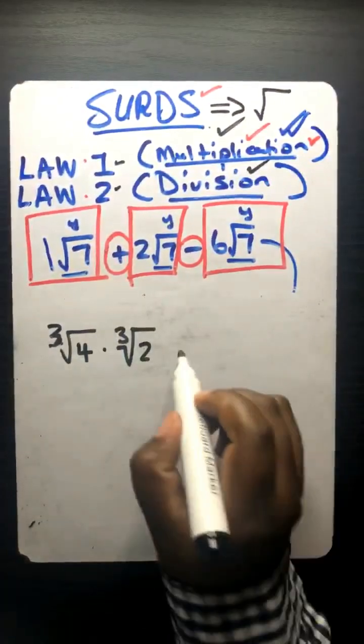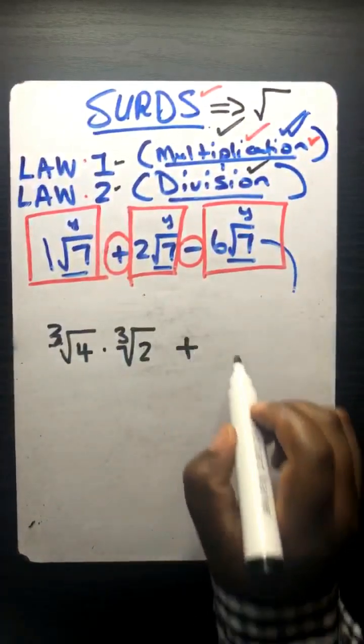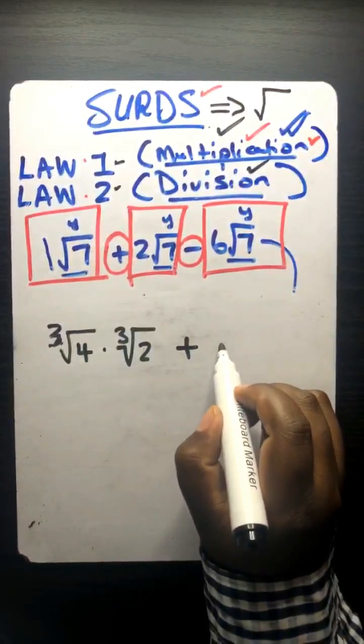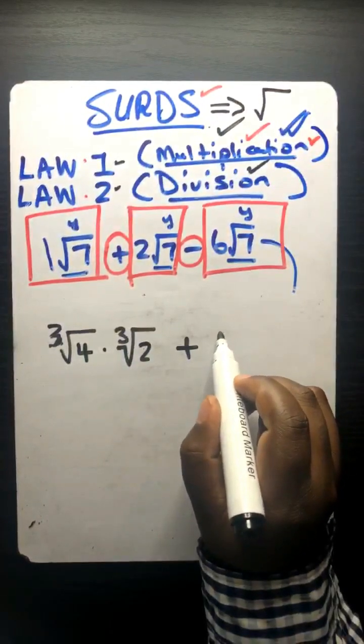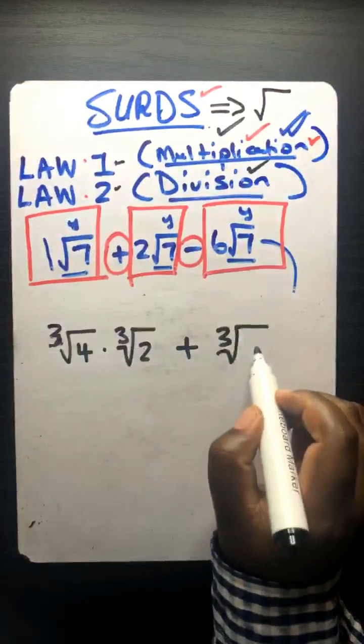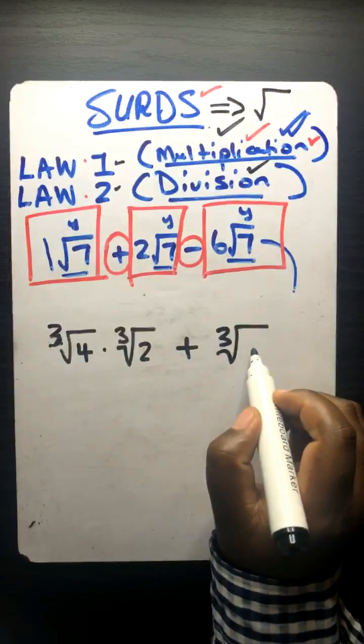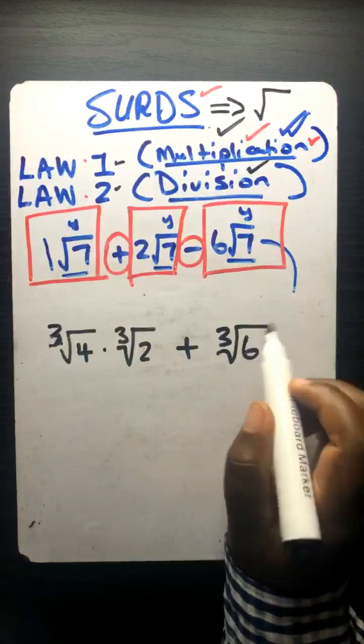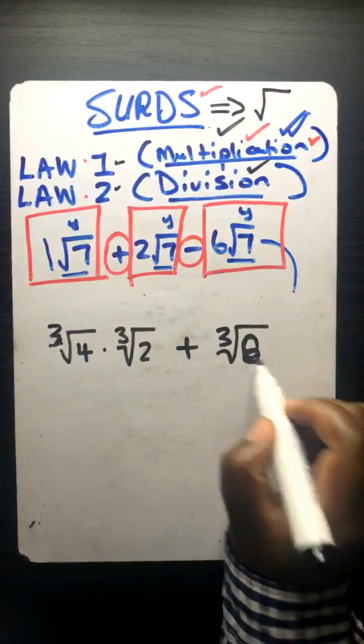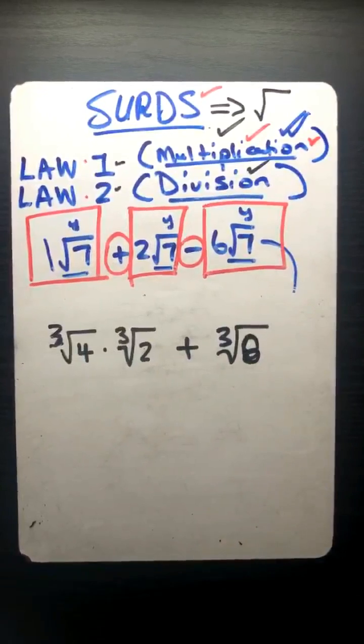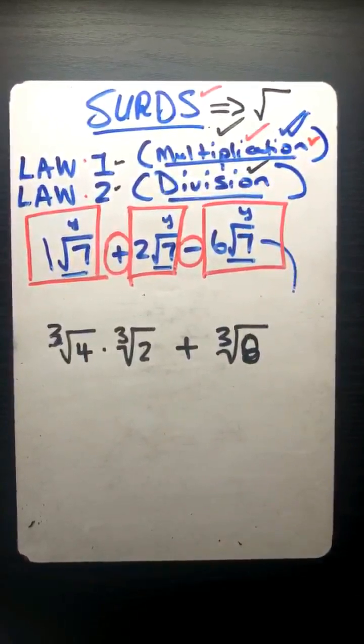Yes, this is going to be perfect, Luvuyo. And then they say square root, let's say 3 square root of 8. I want to be practical. Luvuyo, are you still there?